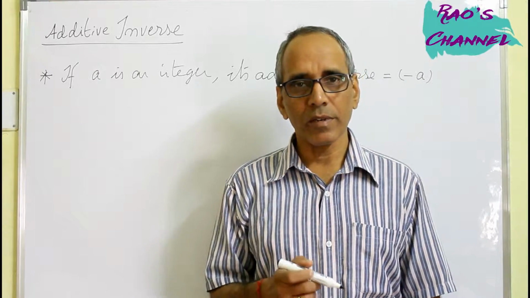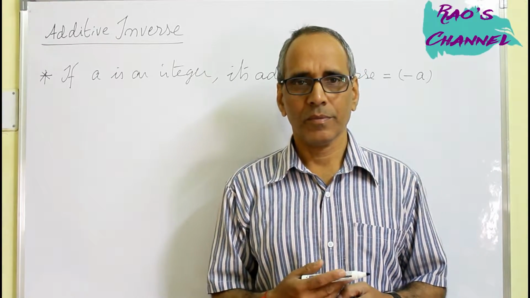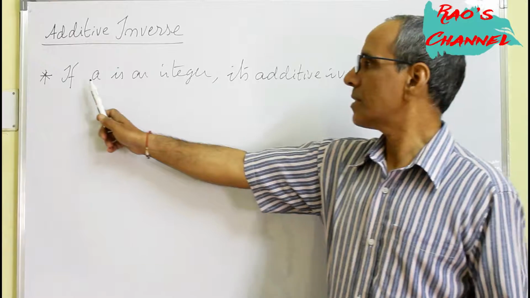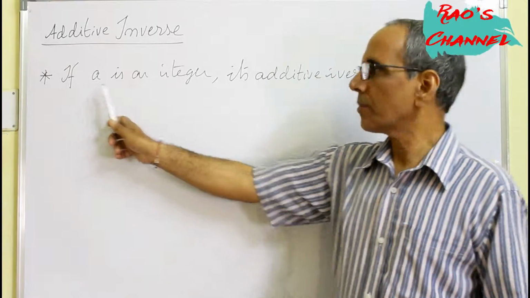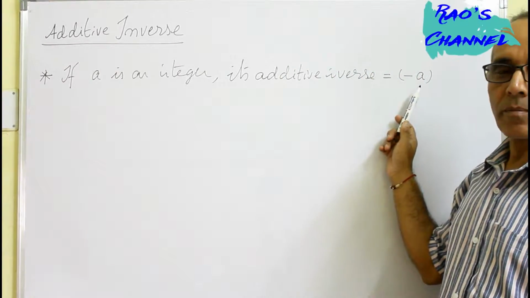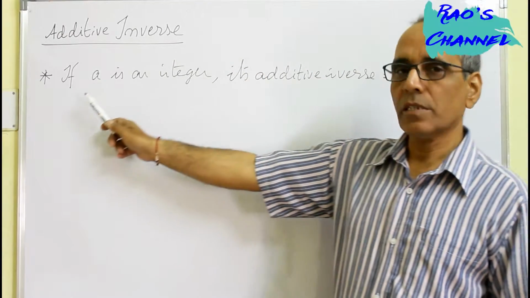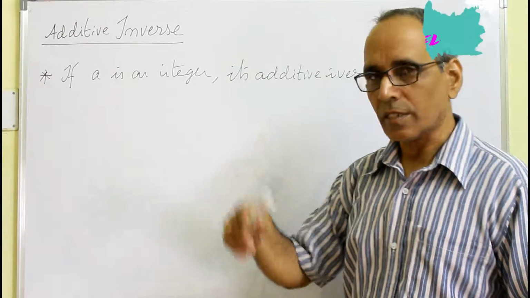Of course, minus 5. That means opposite. Since A is a positive integer, its inverse is a negative integer. If A is a negative integer, its inverse is a positive integer.